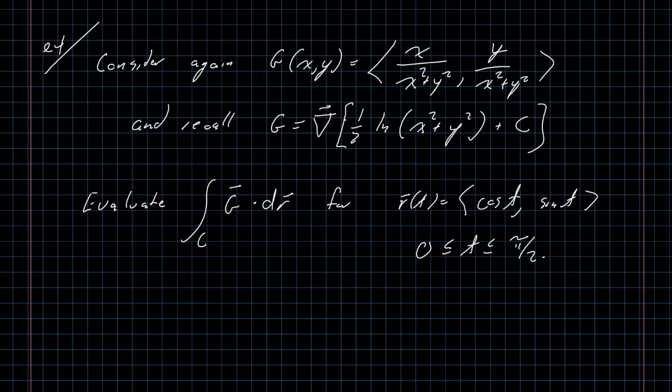All right, so I would like to evaluate the path integral of g dot dr for my path r of t equals cosine t, sine t, with t between 0 and pi over 2. I could go through and deal with all of the things that I've dealt with before.